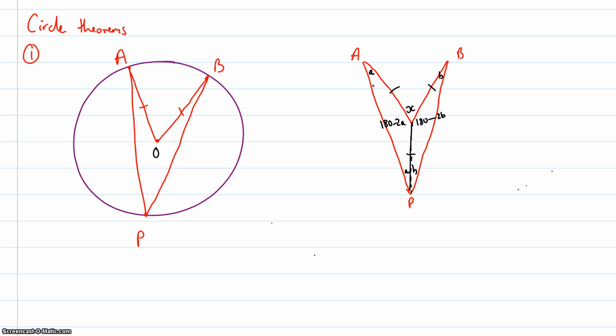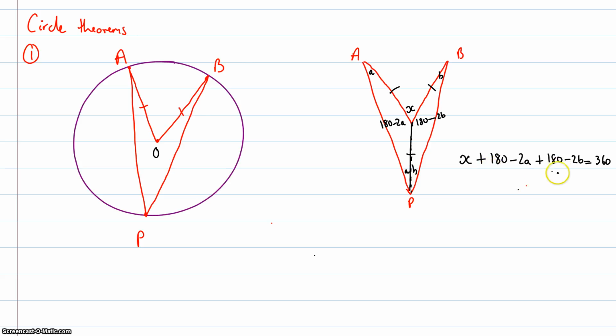So what do I know about X plus 180 minus 2A plus 180 minus 2B? Well, if you have a look here, that is a complete circle around there, which means it has to add up to 360. I can see 180 on this side and 180 on this side.